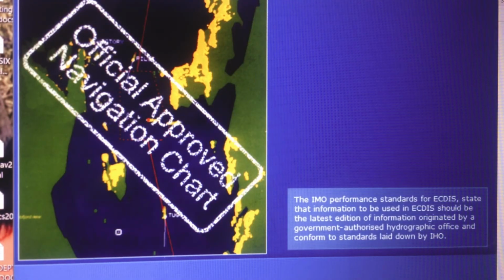This means that officially approved vector charts must be used in an ECDB. Since few officially approved vector charts exist, navigators using commercially produced vector charts must work on the principle that the data on a corrected official paper chart is more reliable than that on the corresponding vector chart.